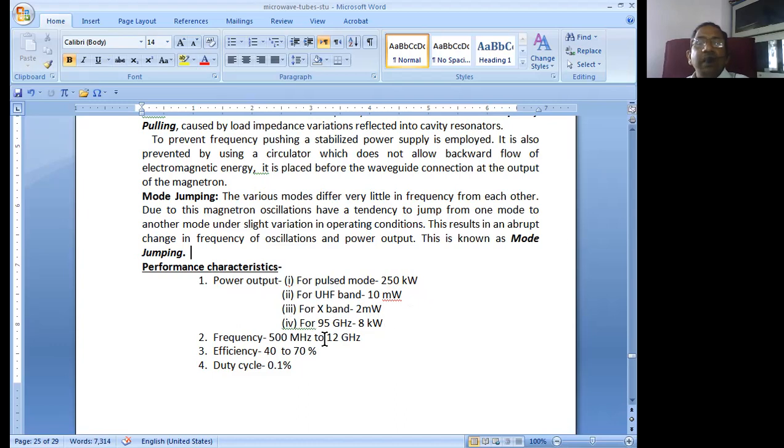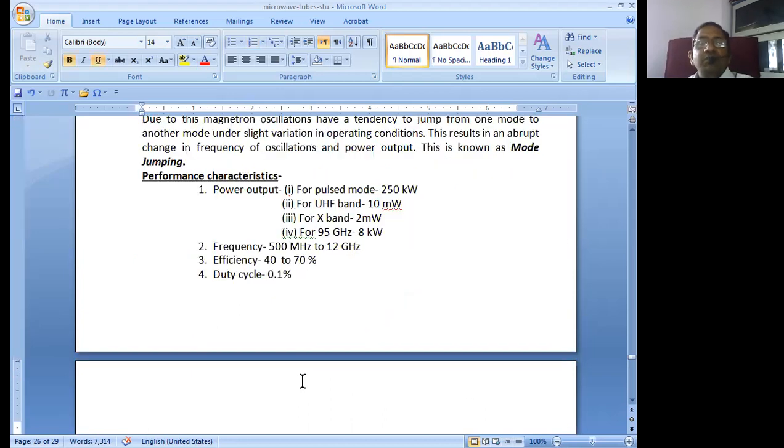X band, 2 milliwatts, and for 95 gigahertz, it will be transmitting around 8 kilowatts of power. It can be used for frequencies from 500 megahertz to 12 gigahertz, and the efficiency is somewhat more than the efficiency of the reflex klystron. Reflex klystron efficiency is 40 to 70%, whereas here it also reaches 40 to 70%.